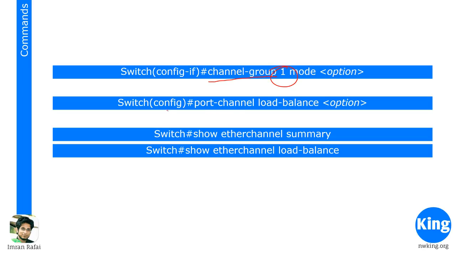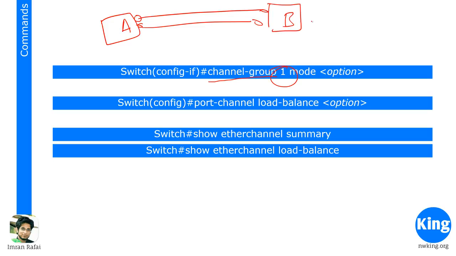But let's say, for instance, you want to do load balancing, right? Let's say again, switch A has 2 ports, and this is switch B, and let's say switch B has 3 PCs, PC1, PC2, PC3 connected.